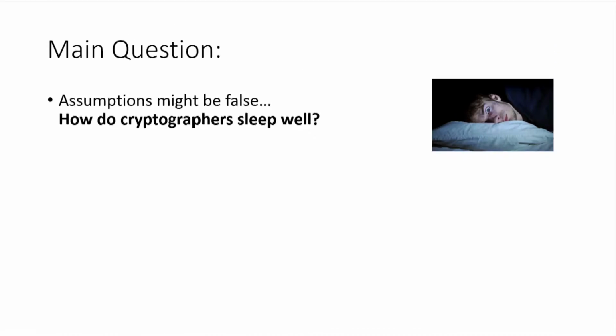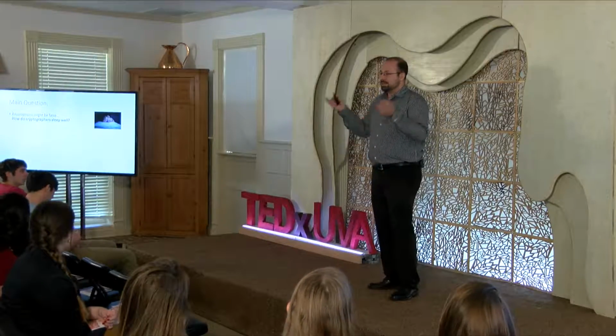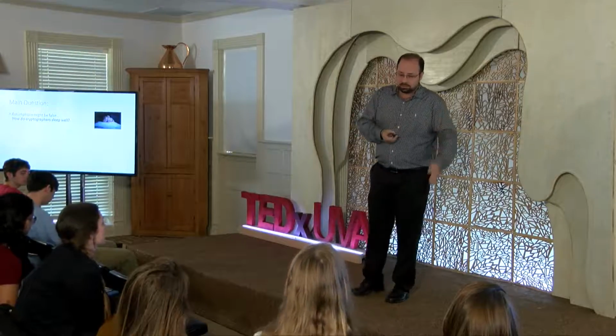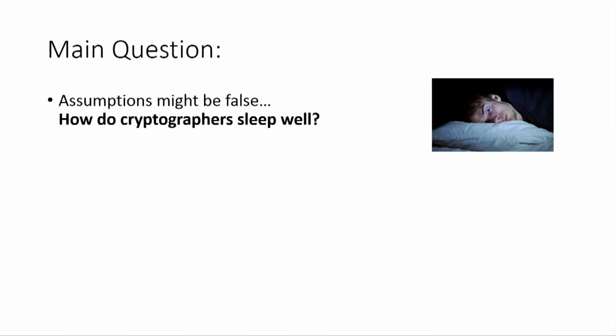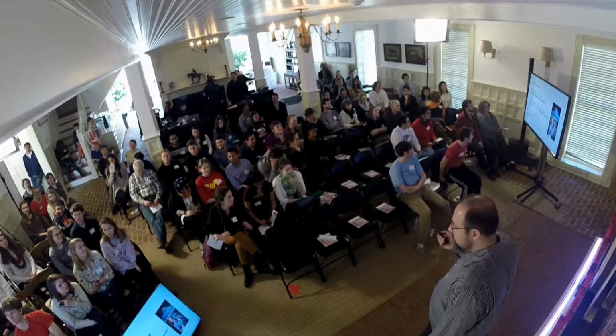Which leads me to the question of this talk. If there is this pillar that might break someday, how do cryptographers feel good? We design things and people use them in practice, and we don't have a real proof that this is secure. Someday it might break down. And that might give us sleepless nights. Well, one solution proposed by Silvio Micali, a recent Turing Award winner, is that cryptographers do not sleep well.